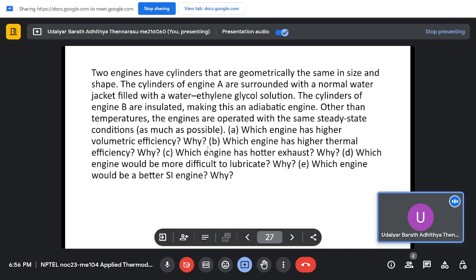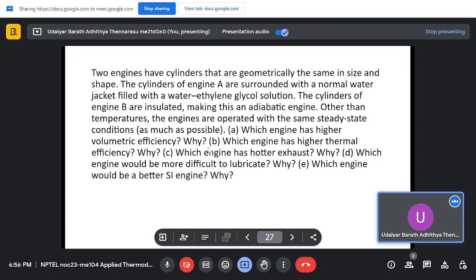So, so to speak, we have two identical engines, but the cylinders of engine A are surrounded with a normal water jacket filled with a water and ethylene glycol solution. So engine A is water cooled, with the water plus ethylene glycol solution cooling the cylinder, filled in the water jackets.